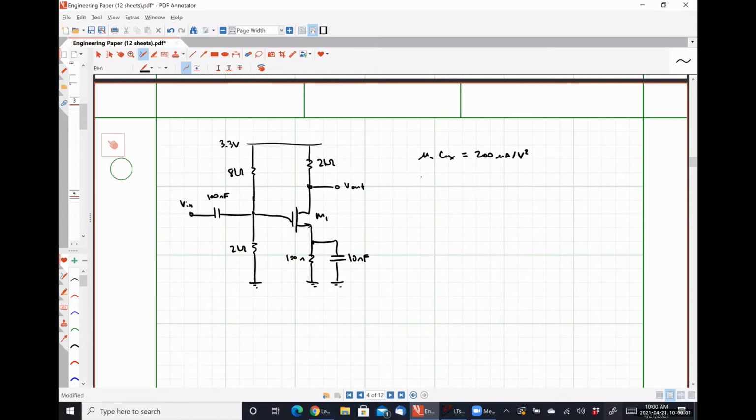That's what I use in my simulation. W over L is 15 over 1. Lambda is equal to 0. And the DC operating point for this guy is then somewhere close to 35 microamps based on how I've got this biased and all that jazz. So, yes.